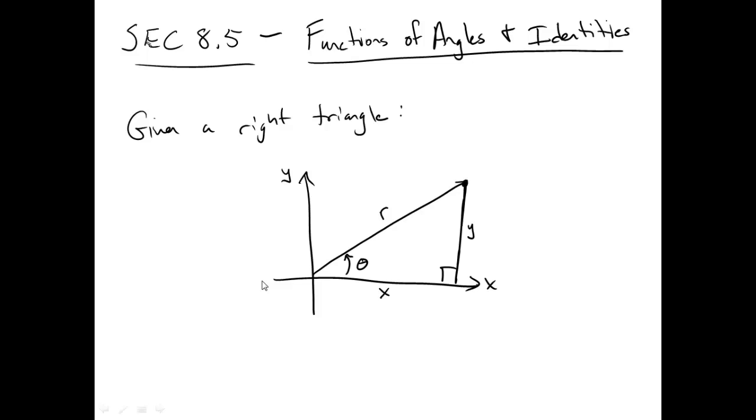Alright, and a couple things to note. Because of the Pythagorean theorem, we can note that x squared plus y squared is equal to r squared. So from that, we can say that we know r is equal to the square root of x squared plus y squared.